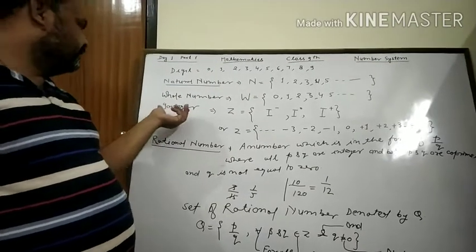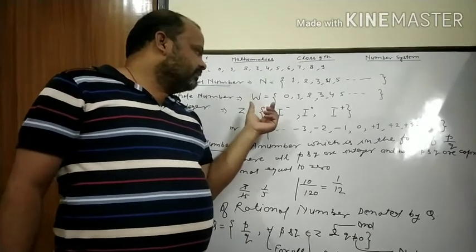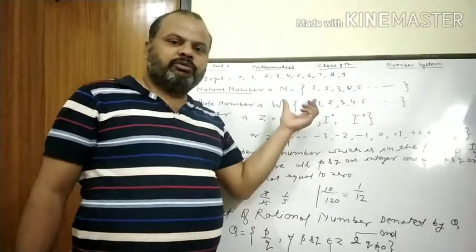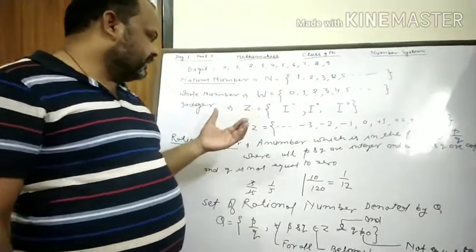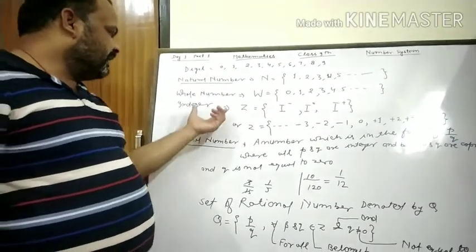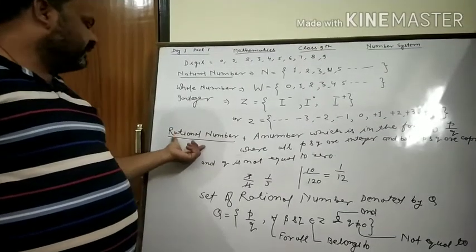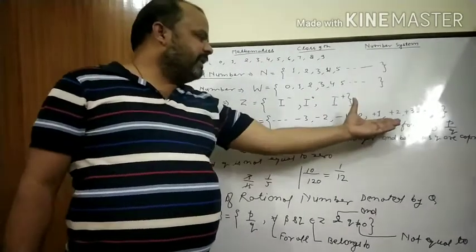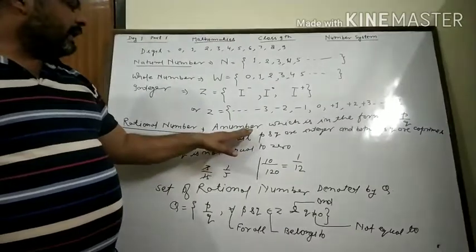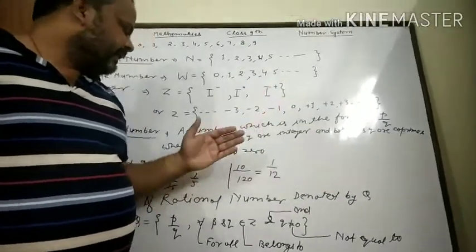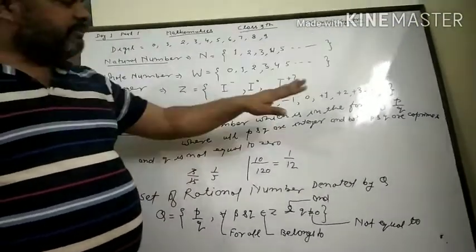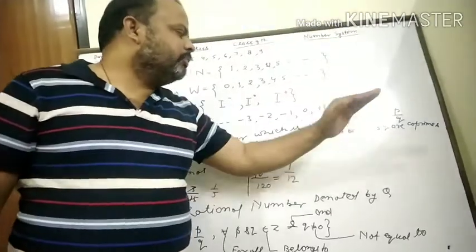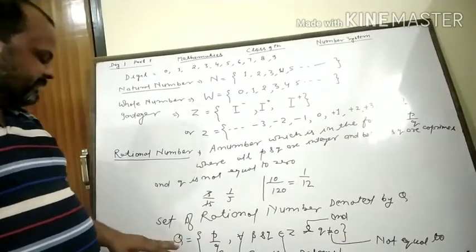Or you can say natural numbers with plus and minus signs including 0 are called integers. Then the set of integers is denoted by Z. Then a rational number is a number in the form of P upon Q, where P and Q are integers and Q is not equal to 0. Finally, you say P and Q are both co-primes.